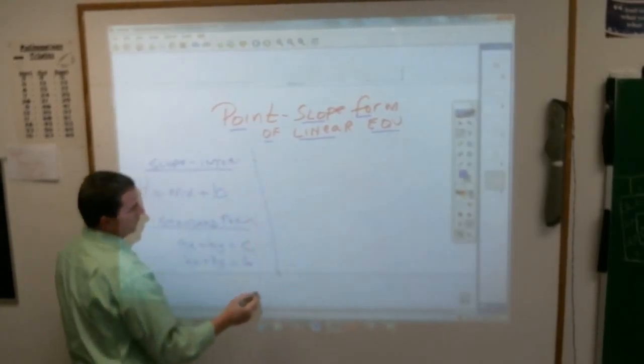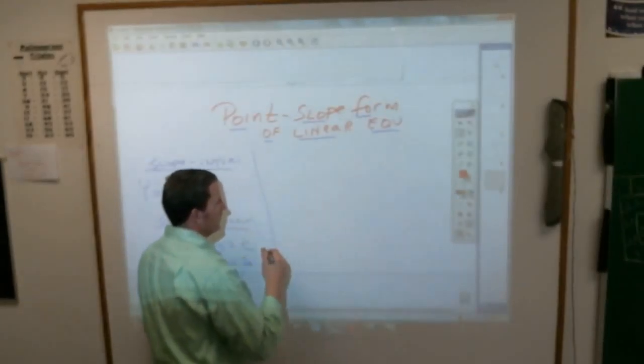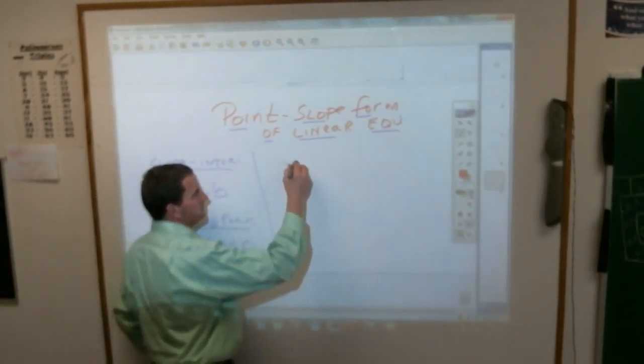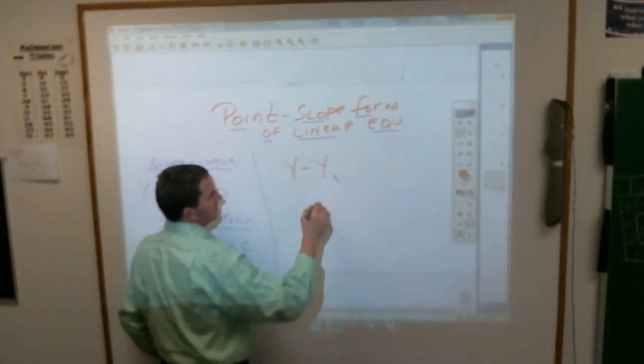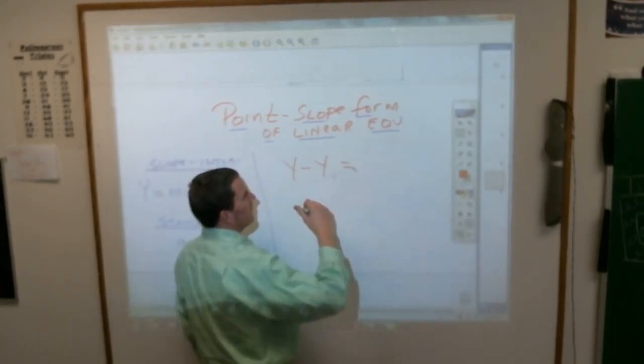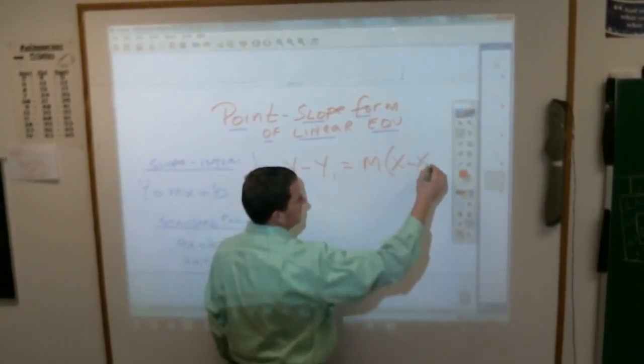This is neither of those. This one looks like this. Gosh, I better make sure I get this right before I give it to you. I really don't teach this very often. This one is y minus y sub 1 equals m times x minus x sub 1.